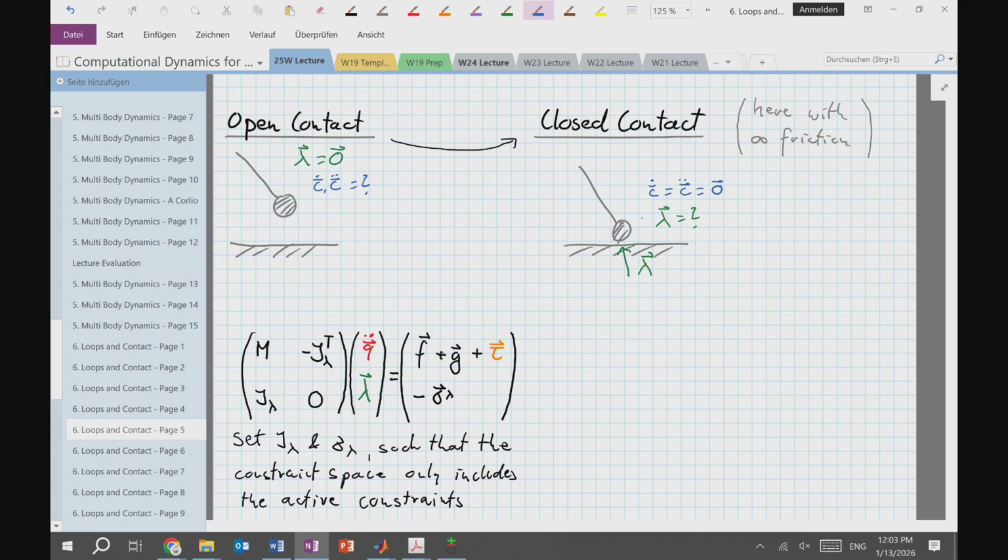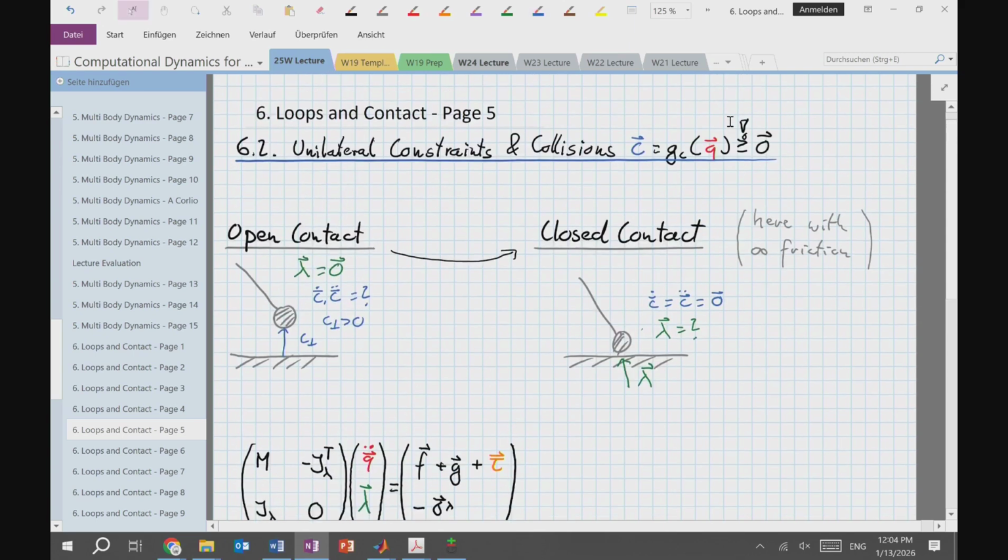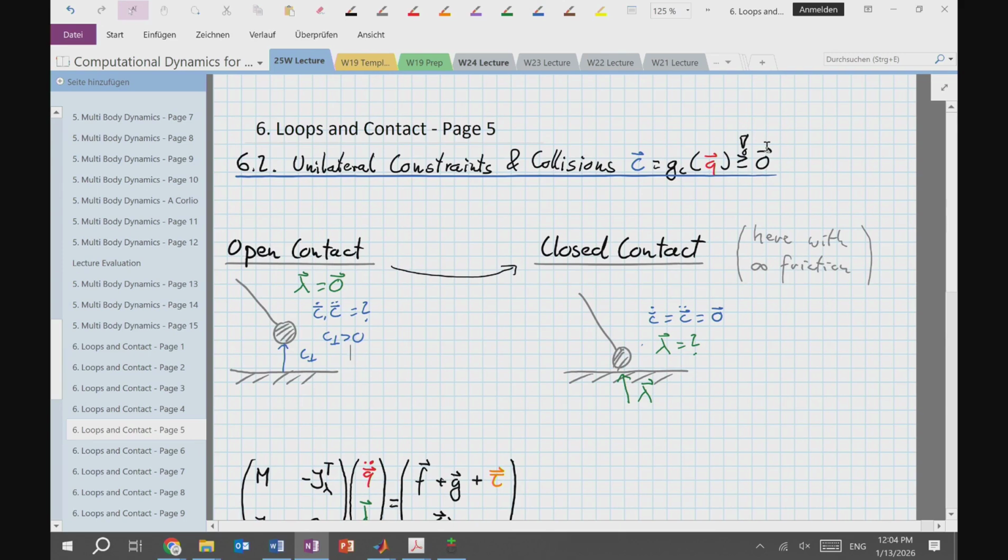When I detect the collision, but how would I here numerically or mathematically detect the collision? Well, I can look at one part of my constraint violation, and this is here the perpendicular distance to the ground. I will call this C perpendicular. That C perpendicular, because I have a unilateral constraint, has to be larger than 0. This is why we also would call this an inequality constraint, right?